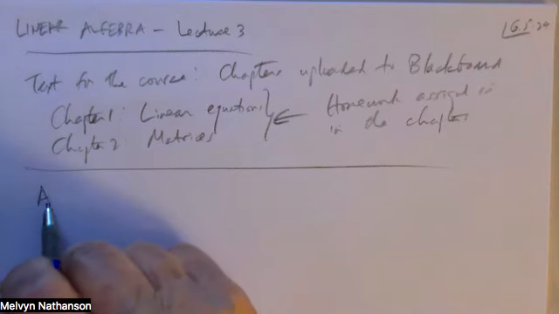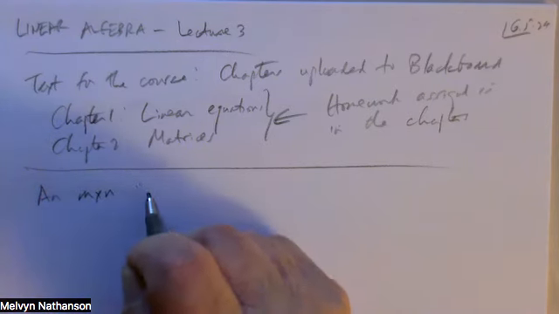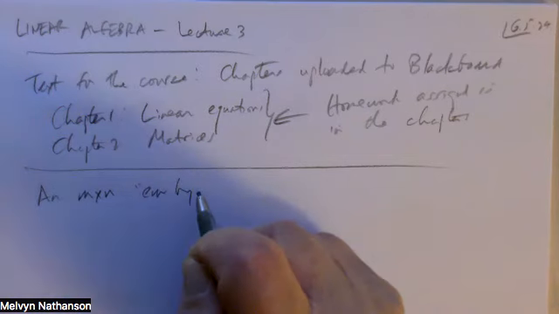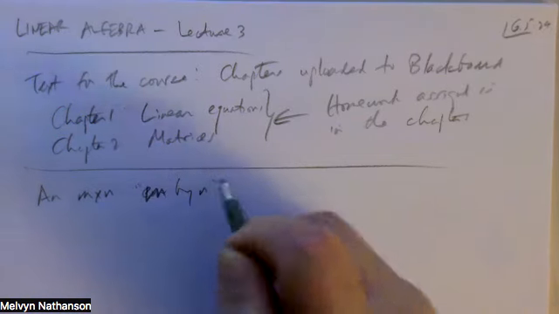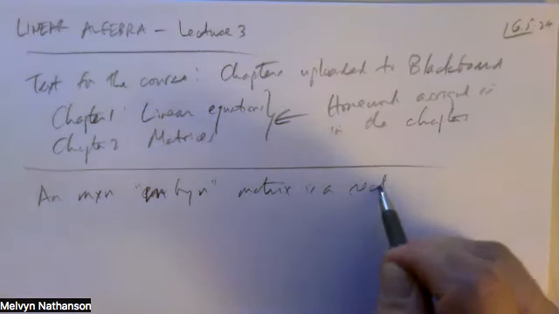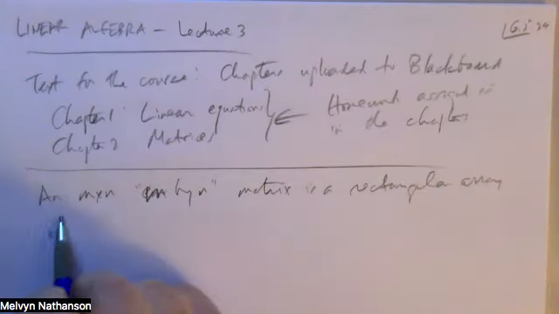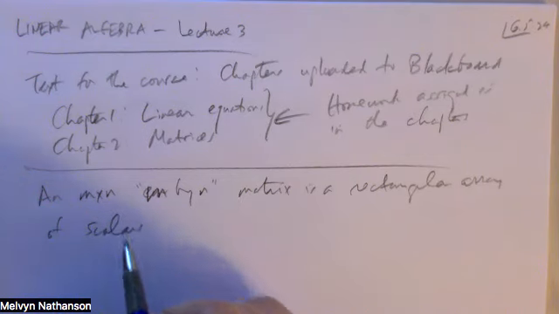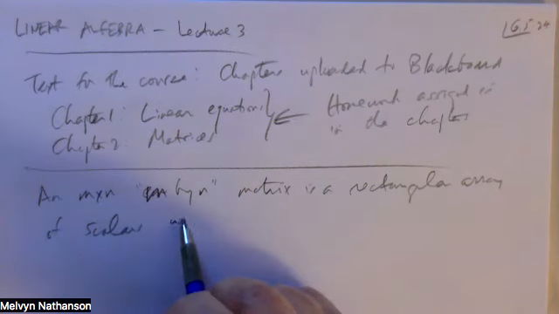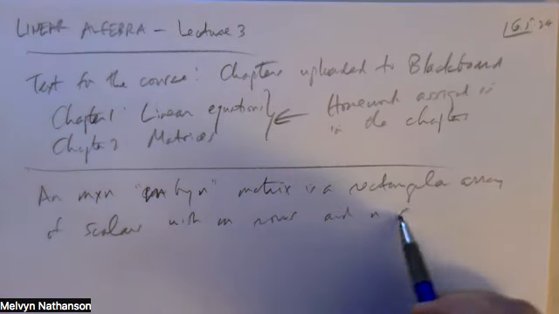An M by N matrix is a rectangular array of scalars, numbers, real, complex, whatever scalars you're looking at, with M rows and N columns.